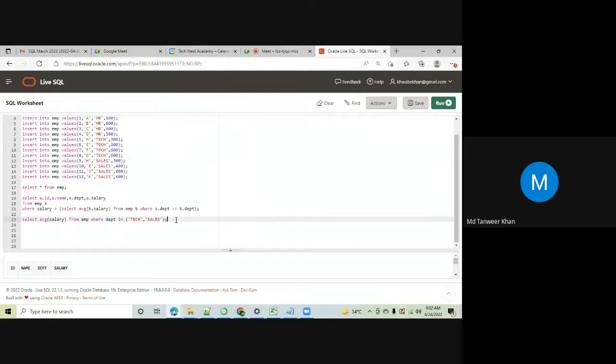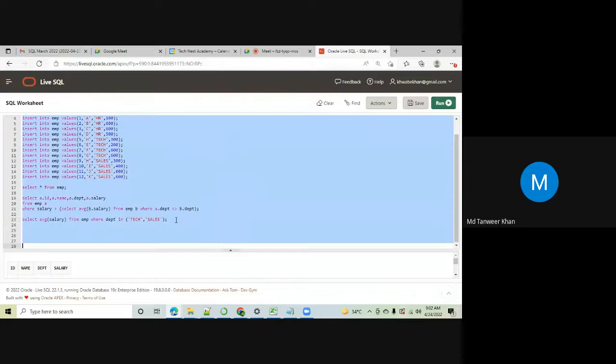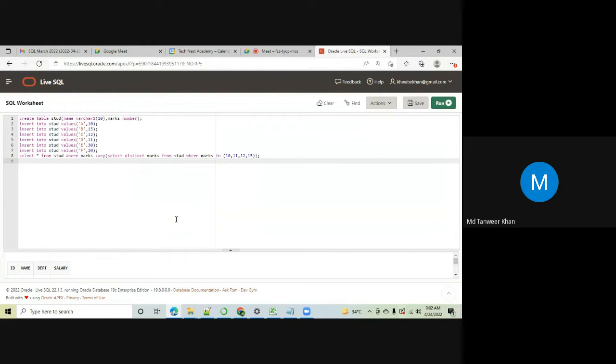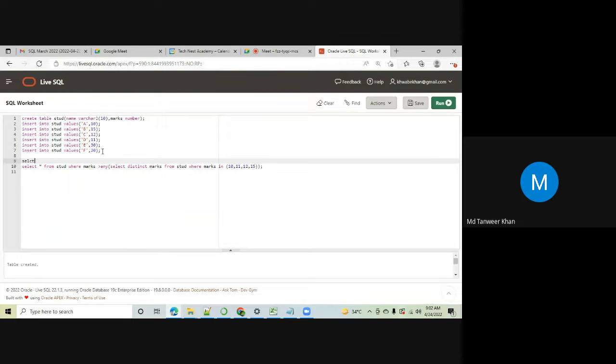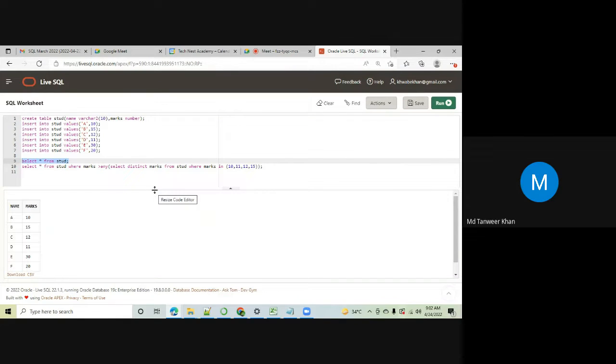Try to understand this. Suppose this is our student table. Just let me show you the data. This is the data in front of you.